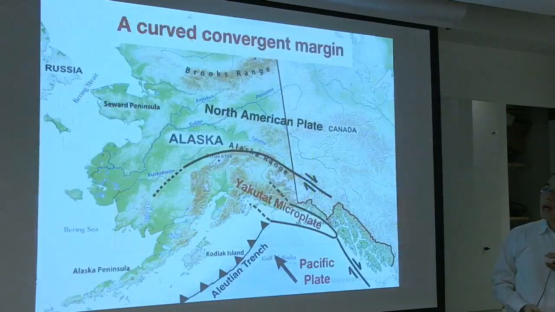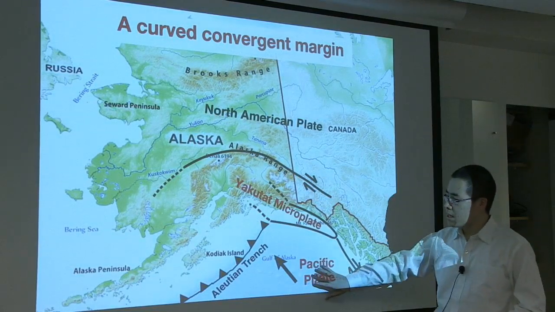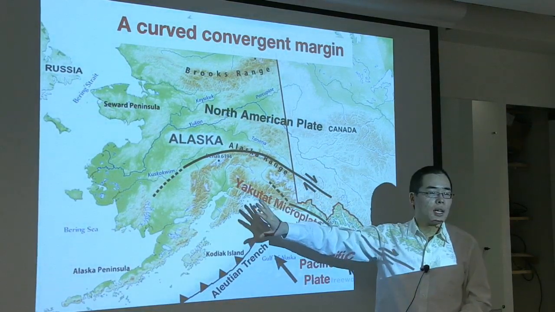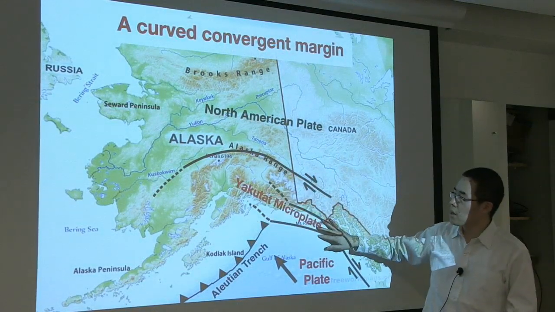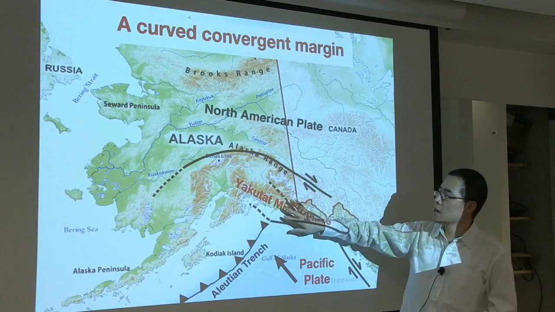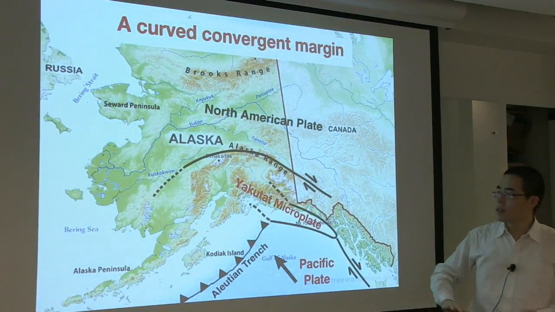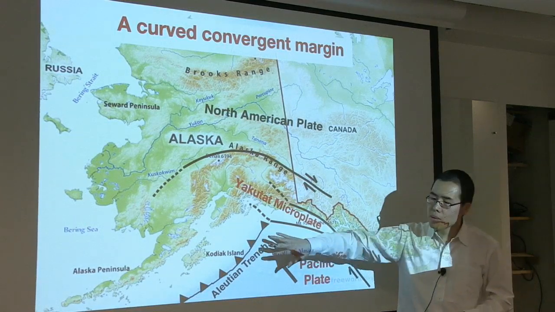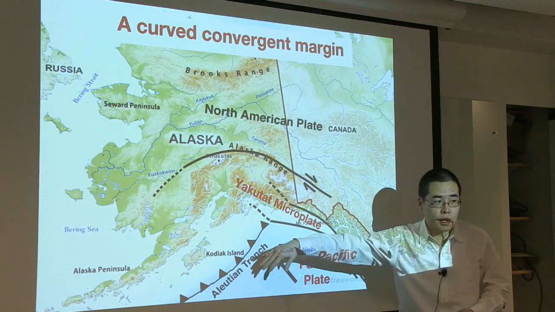In Alaska, let's go back to Alaska here. We have the Pacific plate subducting underneath the Alaska, or North American, plate. And there's a microplate, or smaller-scale plate, subducting as well underneath the North American plate. But the difference is that this is subducting at a steeper angle, about 60 degrees, but varies along the stretch.